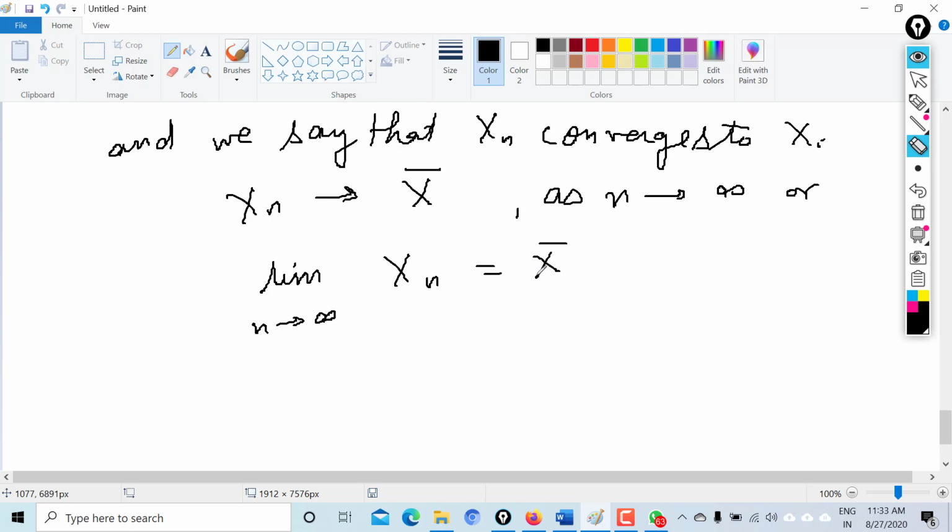So in this way we can define what the limit of a sequence is.